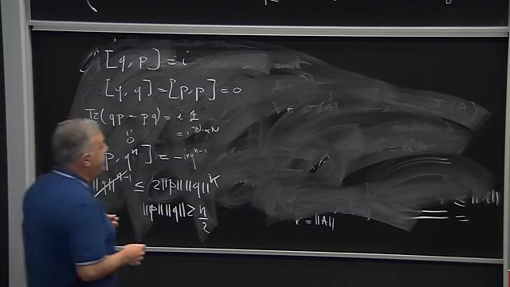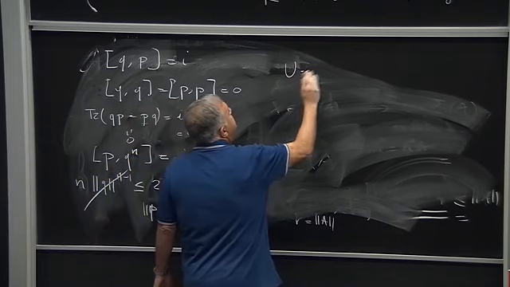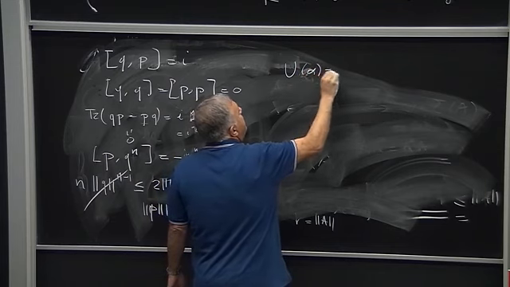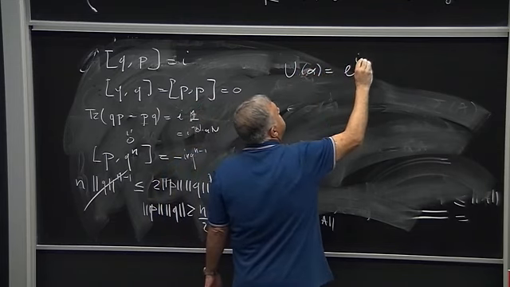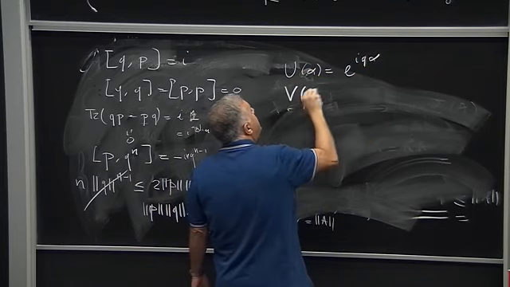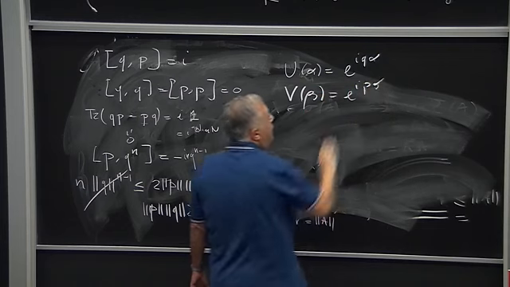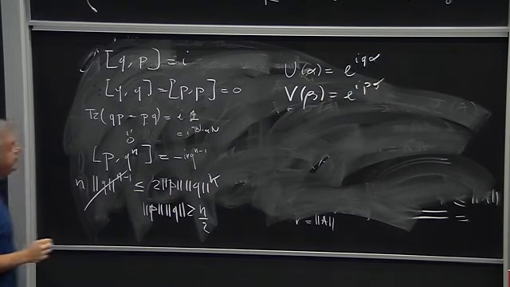So the trick of Weyl was to consider bounded functions of these operators. This is also physically reasonable, because you can never measure a position that goes to infinity. You can never measure momenta that go to infinity.